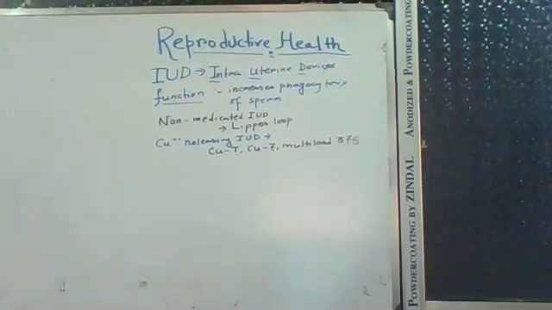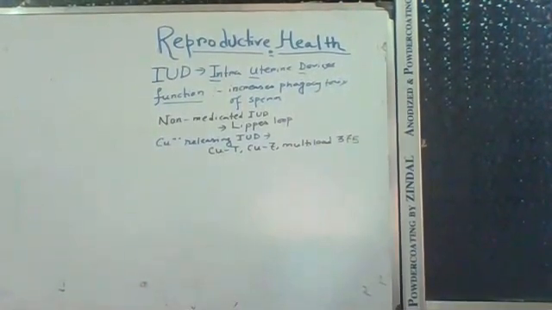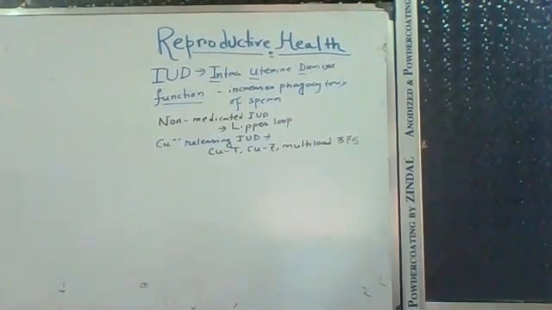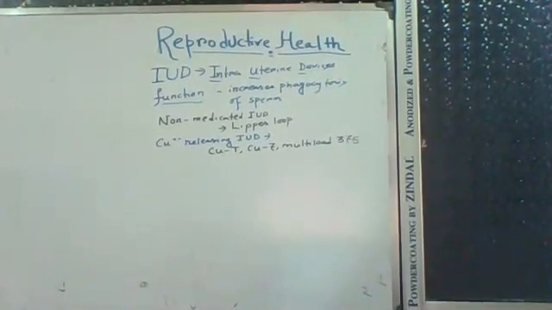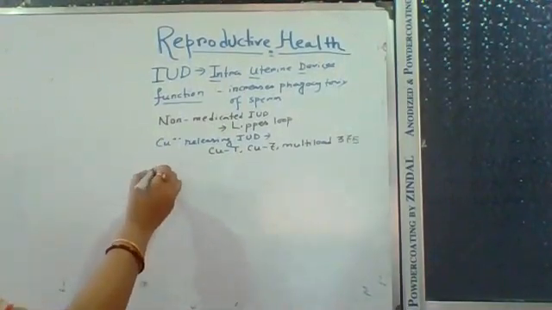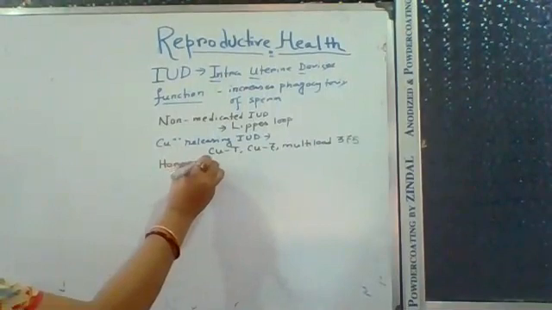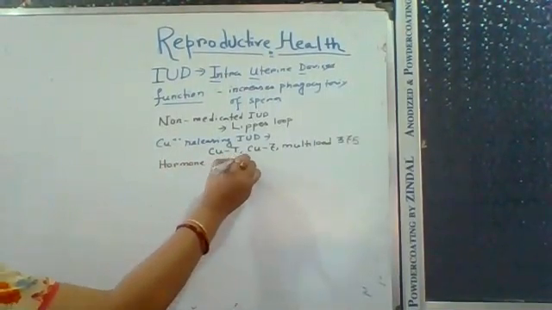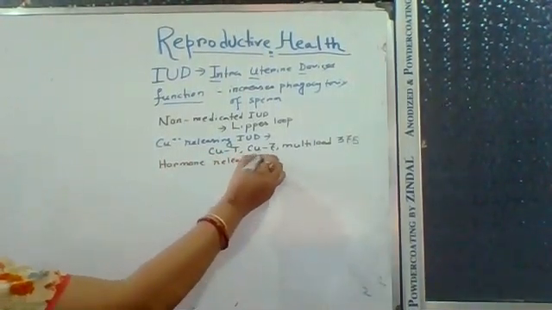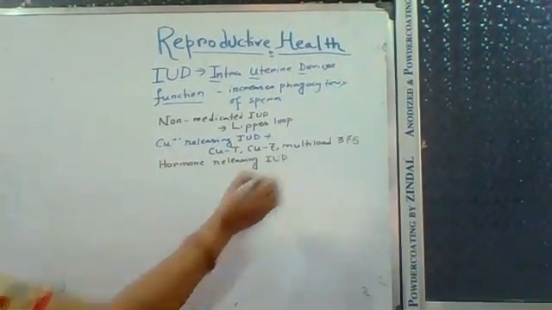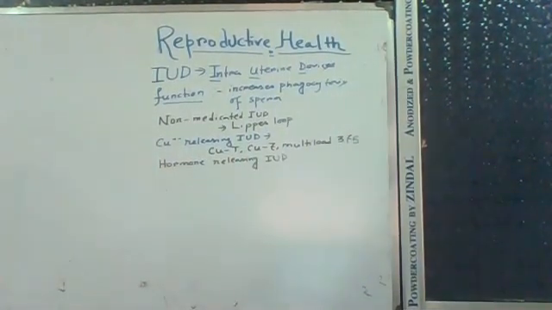Multi-load 375, right? Again, there are some IUD which release different kind of hormone, and that's why they are known as hormone releasing IUD, right?